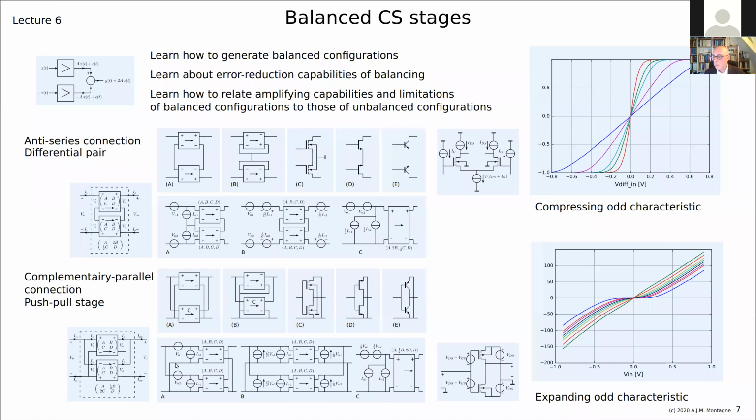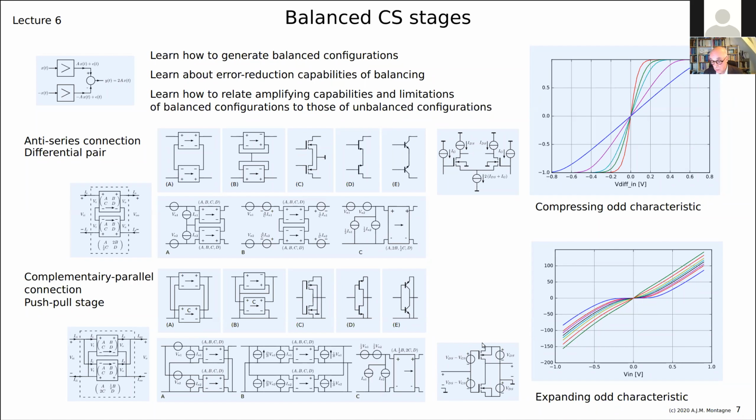We do it in a similar way. We find another stage, a push-pull stage. We study its biasing and we find the characteristics, not by thorough analysis of this stage again like we did for the CS stage, but simply by studying the behavioral modifications as a result of the application of balancing.